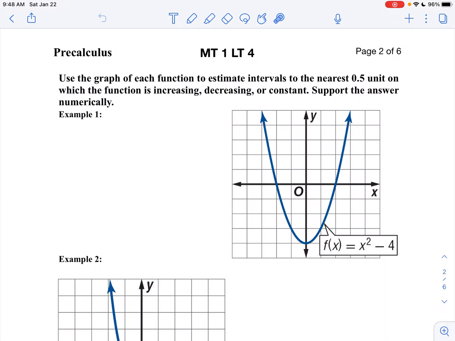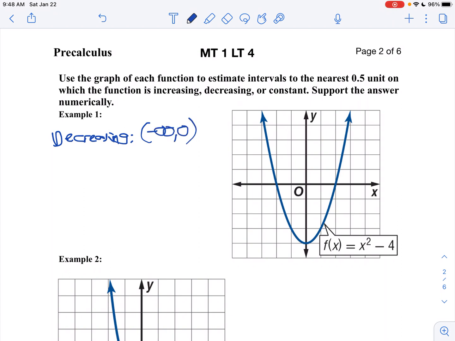So if I look at this parabola here, it looks like it's decreasing because it's falling. I'm going to go from negative infinity to 0. So I'm going to say this function is decreasing. When is it decreasing? Well, it's decreasing from negative infinity to 0.